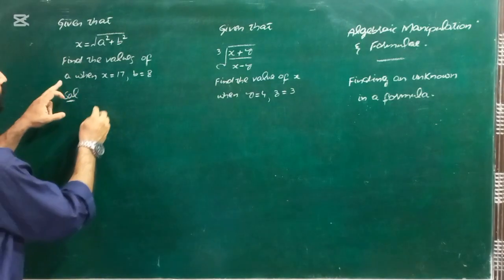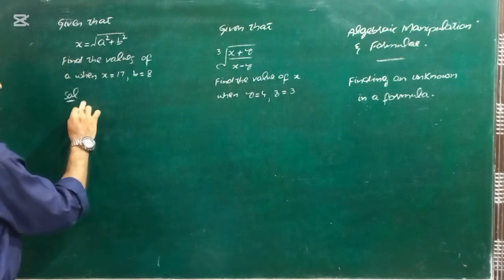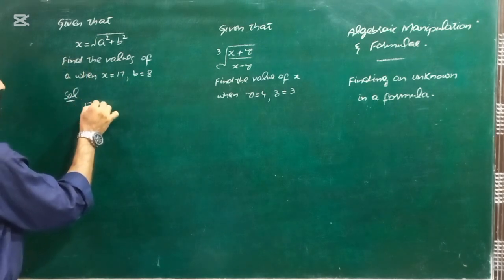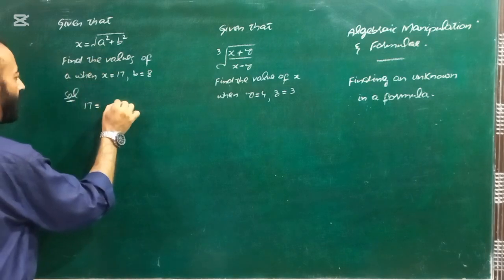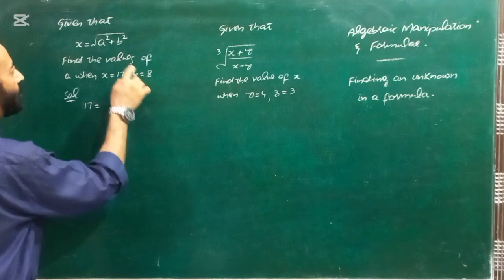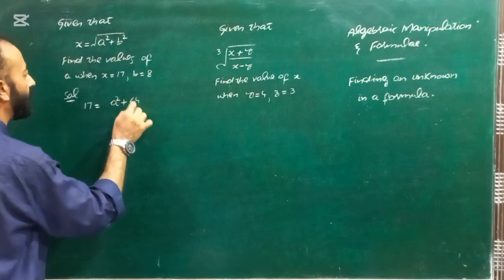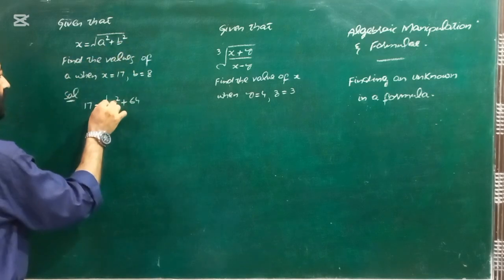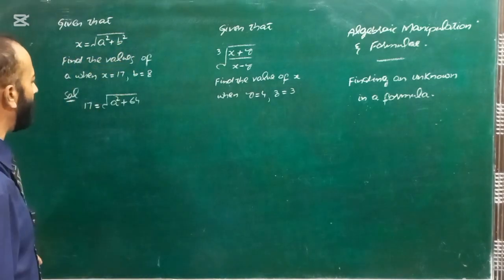So look now, x is given as 17, so we will put 17 in place of x. a is the requirement, so that will be written as it is. And this b is given, that is 8, so 8 square will be 64, and this square root is still there. So values have been put into the formula.